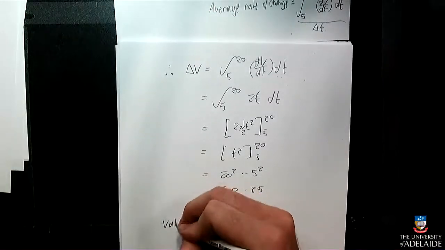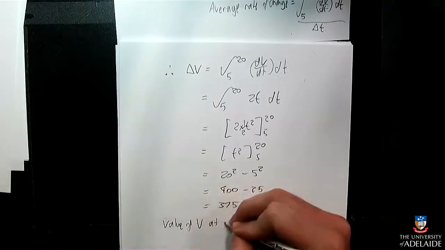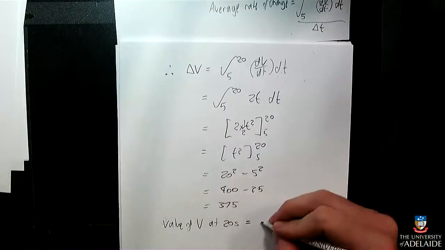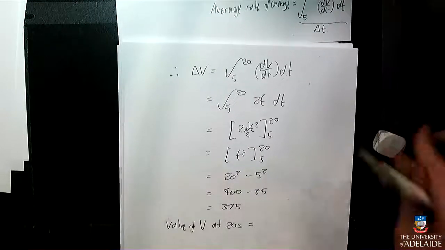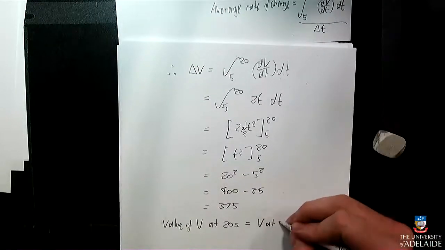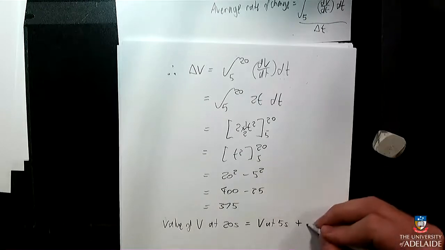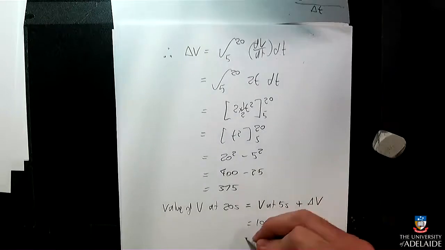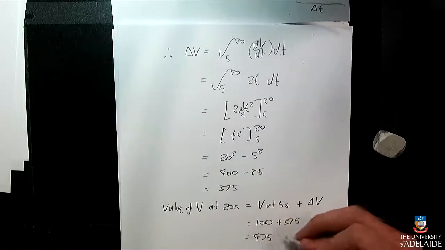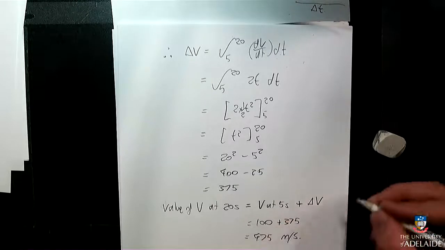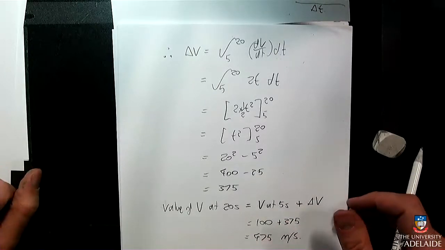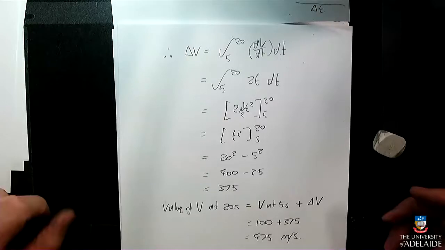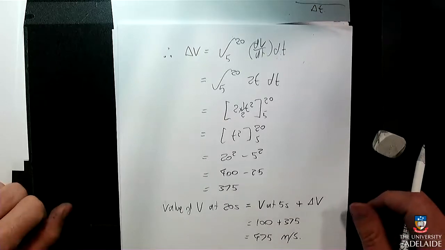So the value of v at 20 seconds should be the original value of v at 5 seconds, plus the change in v, which is 100 plus 375, which is 475 meters per second. So that's one way of doing it. No, that's not what I wanted at all, was it? I wanted a formula. Pooh, I've done part B.